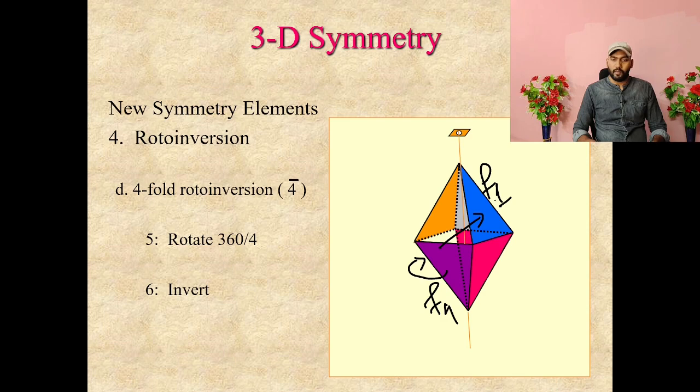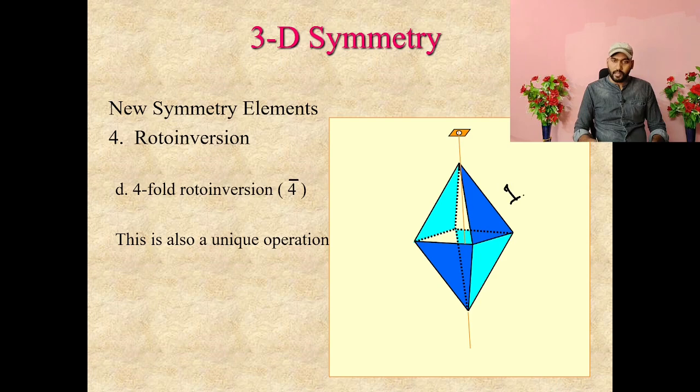So we have to stop our operation, because we have reached the original phase. Okay, so this is 1, this is 2, this is 3, and this is 4. When we rotate 4 and invert, it will reach 1, so we stop here.